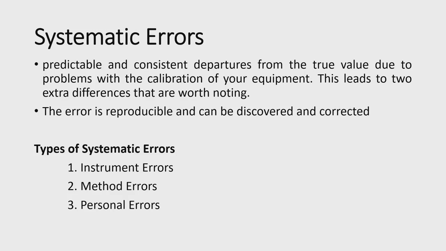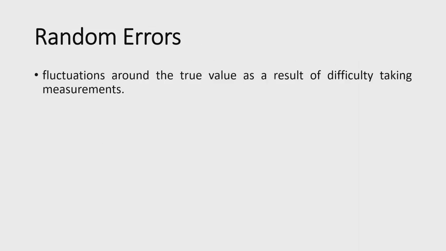Random errors are just fluctuations around the true value as a result of the difficulty of taking measurements, and basically this is always present and cannot be eliminated in our observation. That is why we are doing a series of measurements.